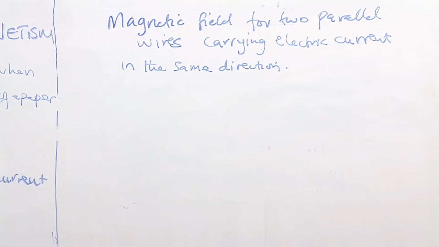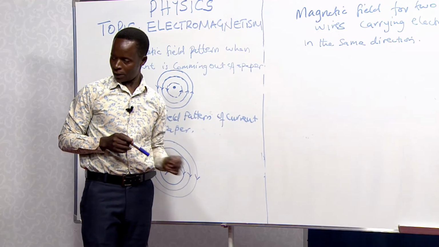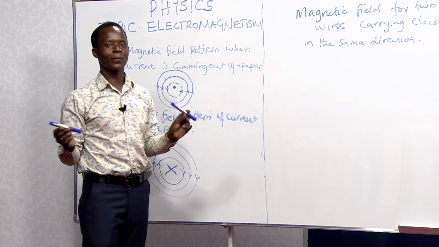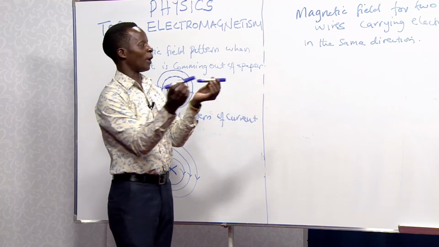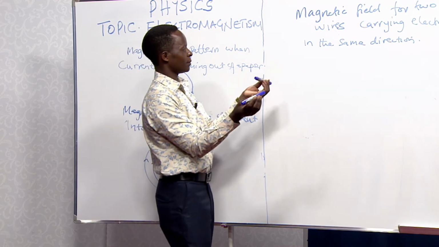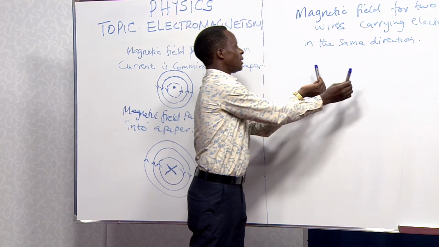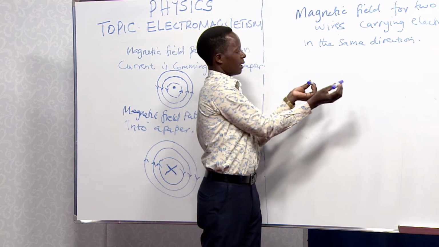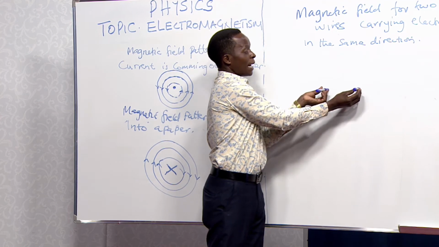In the same direction. Now, let me use this blackboard, or you use the book. So you imagine these are the two wires. They are parallel. If I'm to draw them on a blackboard, this is how they will be. But to bring out the picture clearly, these are the two wires parallel.